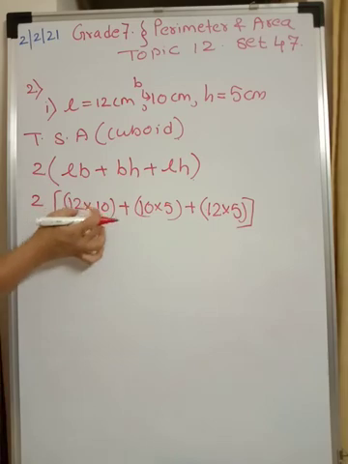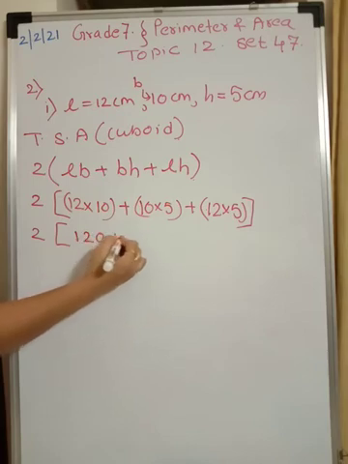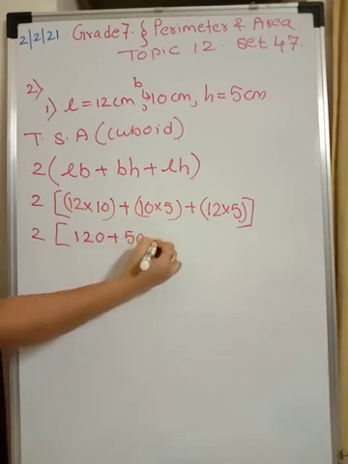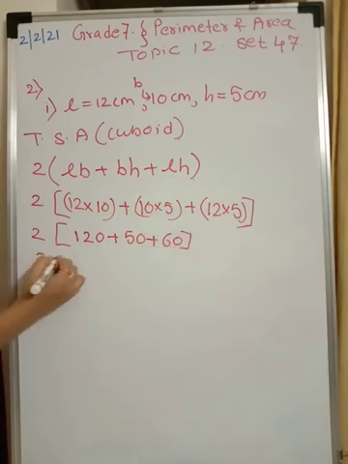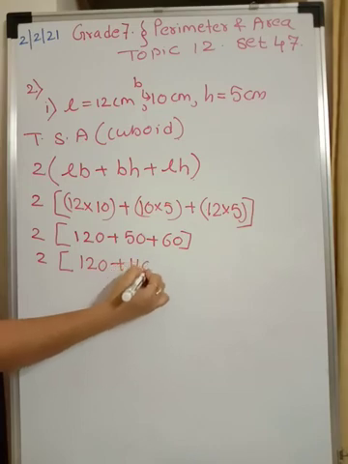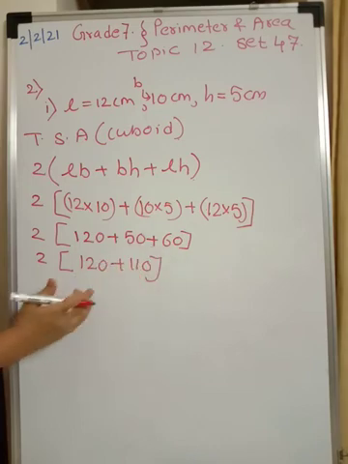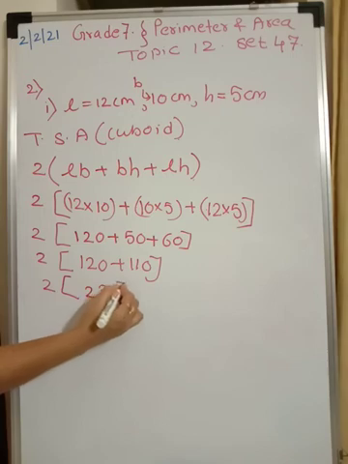Okay, carry out multiplications first. So 2 in bracket, you have 12 into 10 is 120, plus 10 5s are 50, plus 12 5s are 60. So it becomes 2 into (120 plus 110), since 50 plus 60 is 110. So it comes out to be 2 into 230.